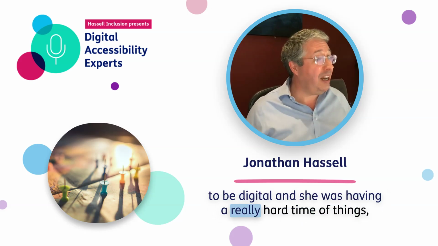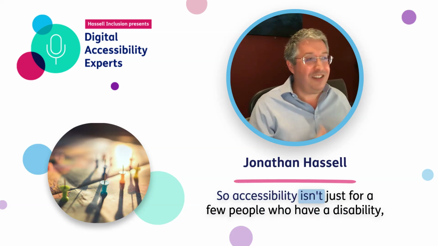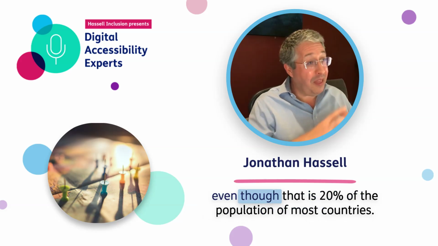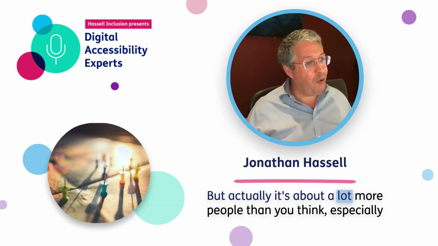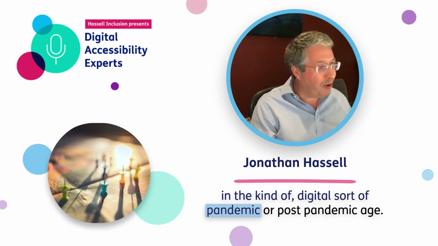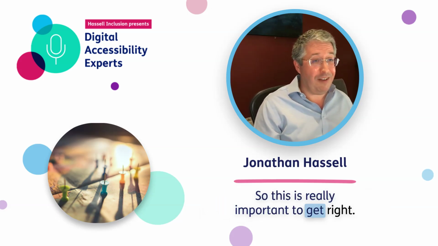And she was having a really hard time of things because she can't see so well. So accessibility isn't just for a few people who have a disability, even though that is 20% of the population of most countries. It's about a lot more people than you think, especially in the digital, pandemic or post-pandemic age we live in at the moment. So this is really important to get right.